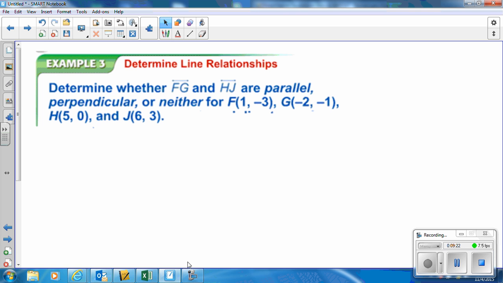Okay, we have to determine whether or not line FG and line HJ are parallel, perpendicular, or neither. So I think about my equation, y2 minus y1 over x2 minus x1. Let's go ahead and copy that over.